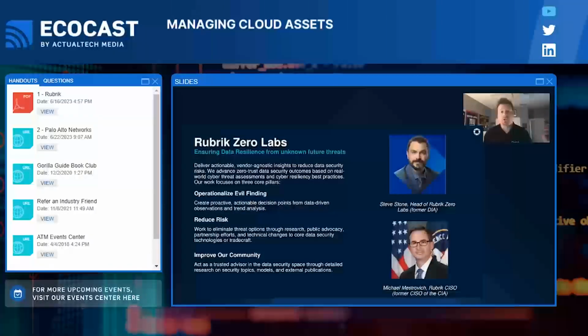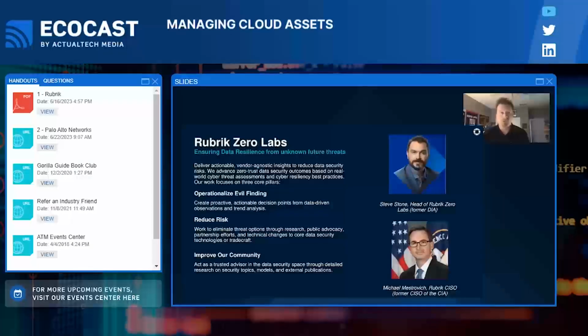The other part is Rubrik as an organization. I talked about in the beginning, we've got technology, but we also have very smart people that we've employed within our organization to be able to stay one step ahead. Michael Mestrovich used to actually be with the CIA. If anyone knows about threats in the public sector or in general, it's this gentleman.